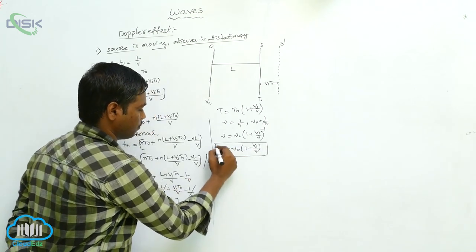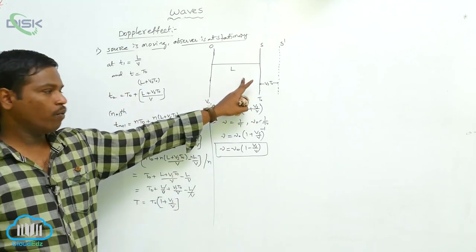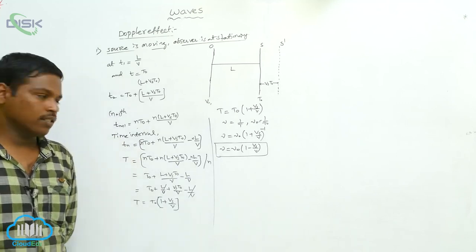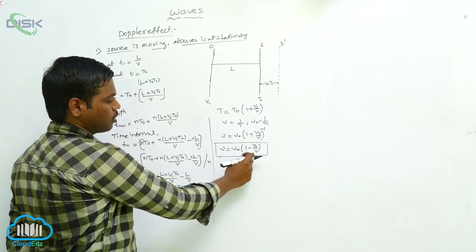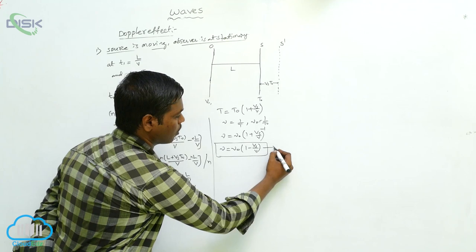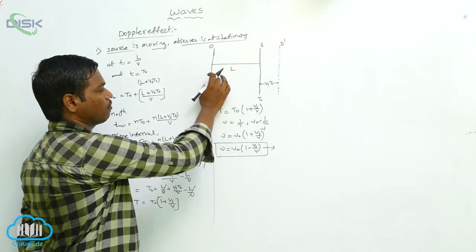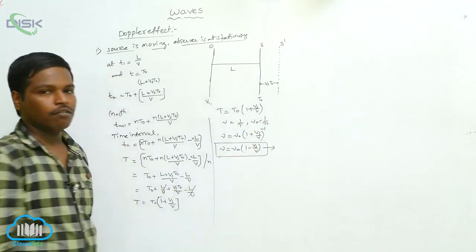This is the frequency of the wave when the source is moving with speed Vs. Here the source is moving away from the observer, and this is the frequency.